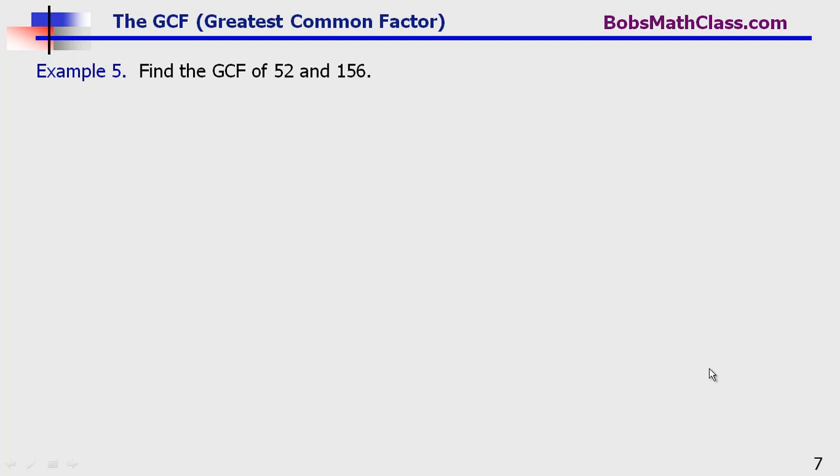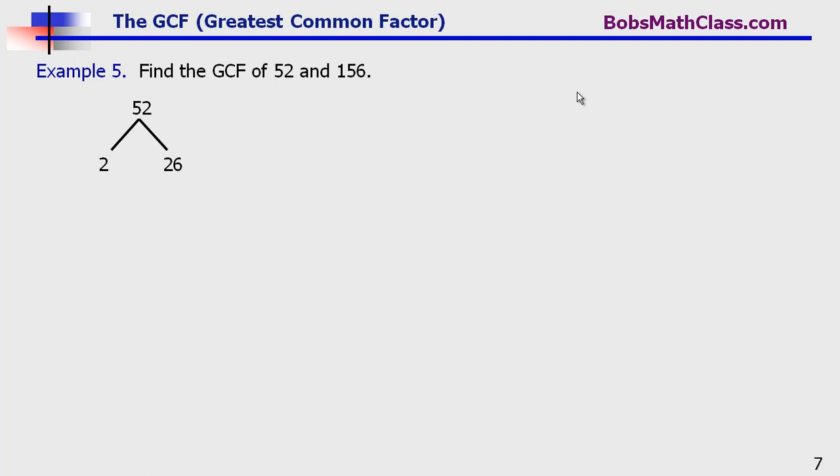Find the GCF of 52 and 156. Alright, let's get started. Again, you might want to pause and work out the prime factorizations of each of these two numbers. Okay, so 52. It's even.